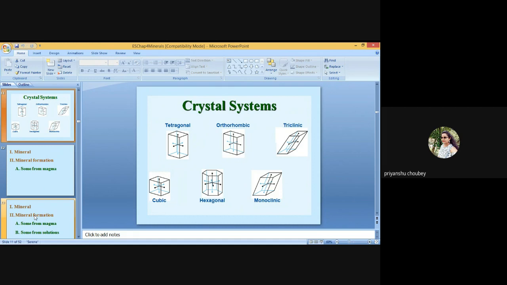Layer silicate minerals: the structure of the 2:1 layer consists of a central octahedral sheet joined through oxygen atoms to two tetrahedral sheets above and below.